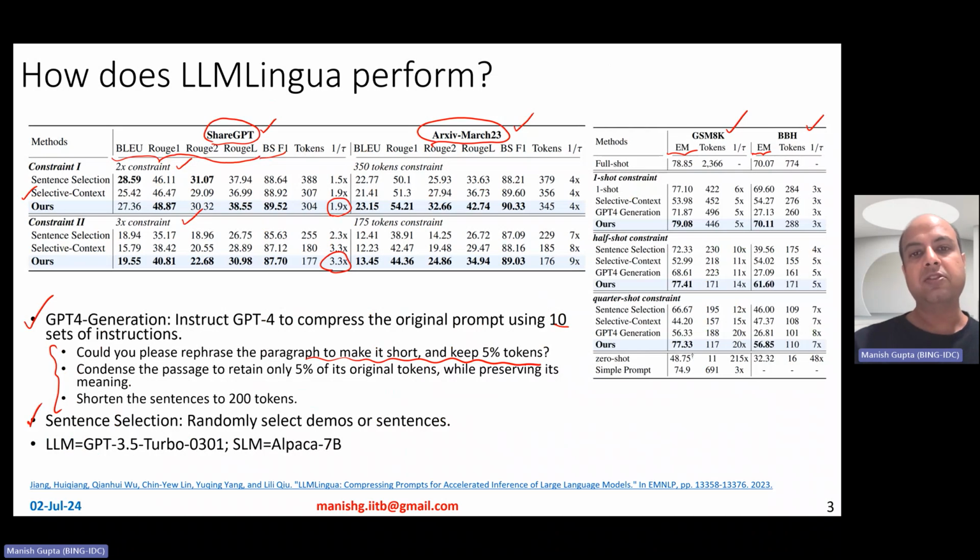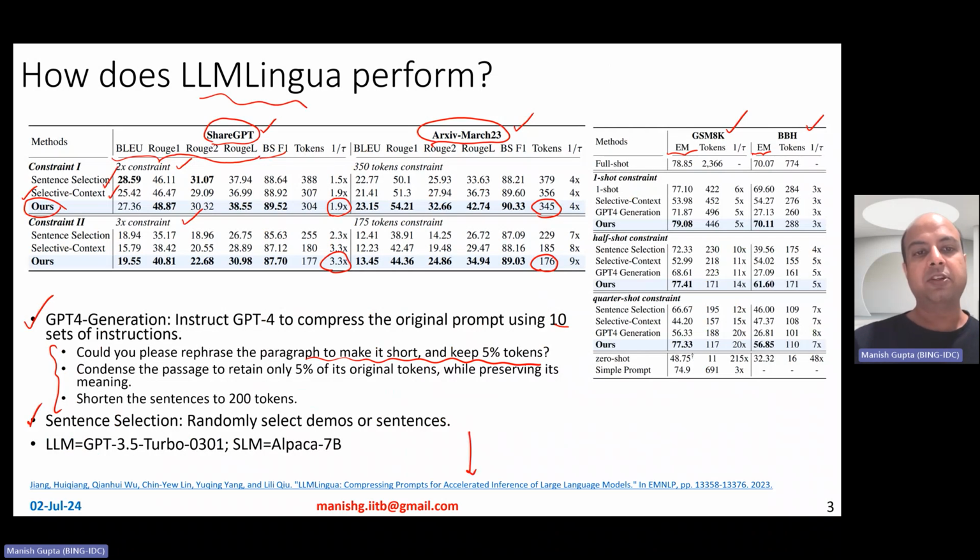And similarly, you can also report the results using 350 tokens or 175 tokens constraint, basically saying that, hey, you can put up a constraint on the exact number of tokens, basically ensuring that the models don't generate more than the provided constraint. Okay. So as you observe, sentence selection and selective context are good, but they are not as good as the method LLMLingua, which is proposed in this paper.